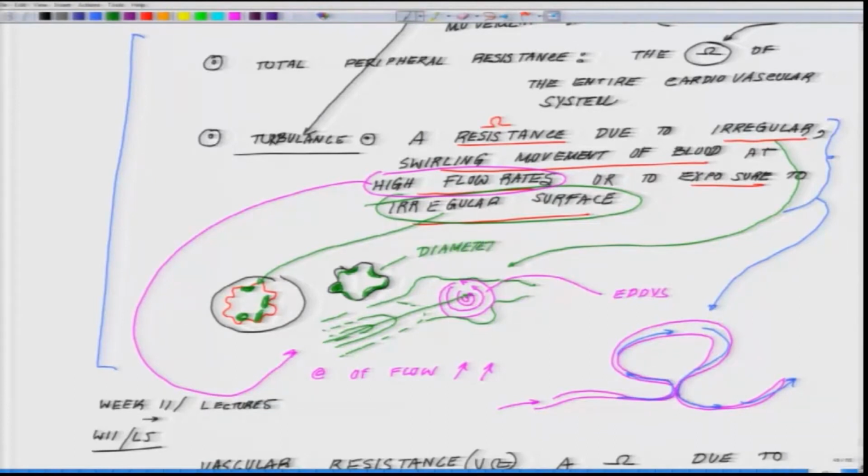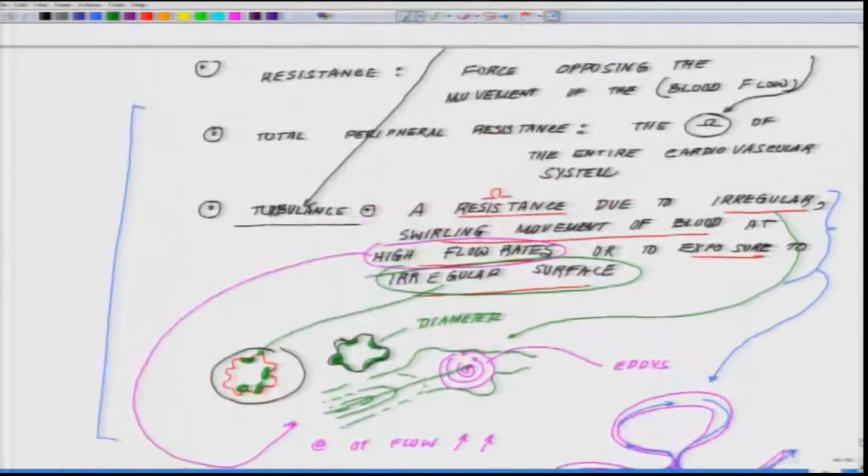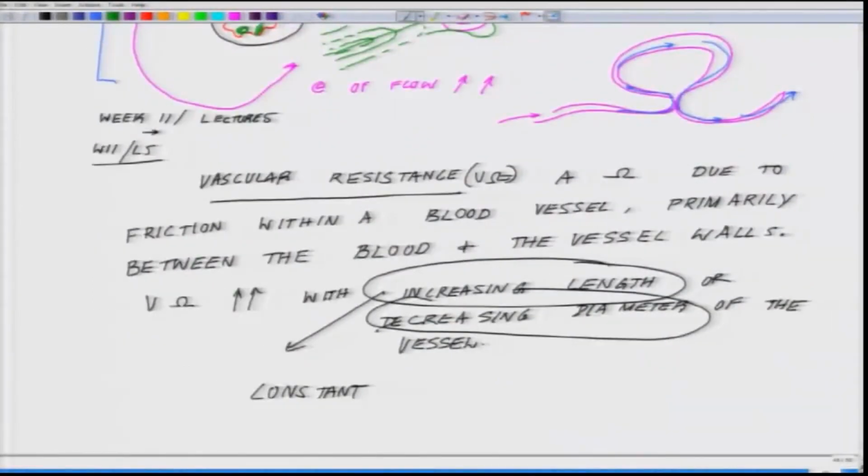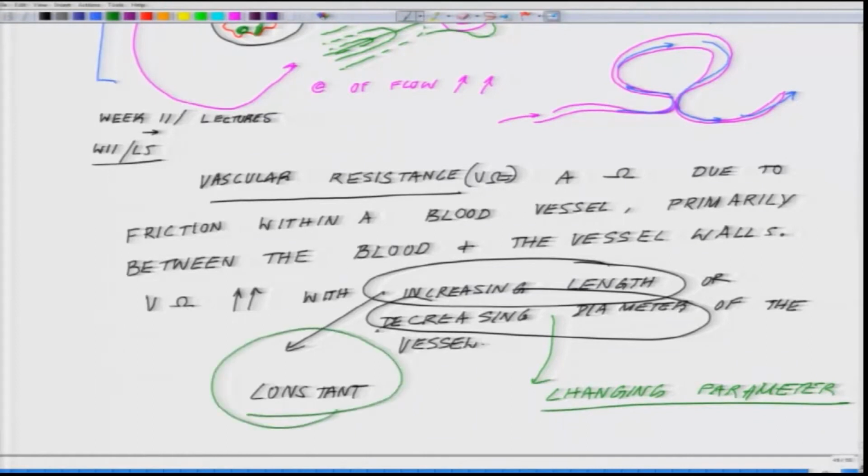This change in diameter influences the vascular resistance, whereas your length is constant. Okay. So, you cannot really change the length. So, this one is the changing parameter. Okay. And this one is a constant parameter.